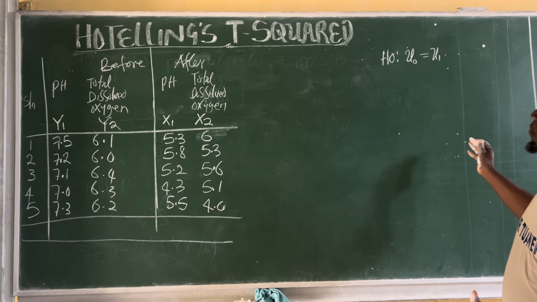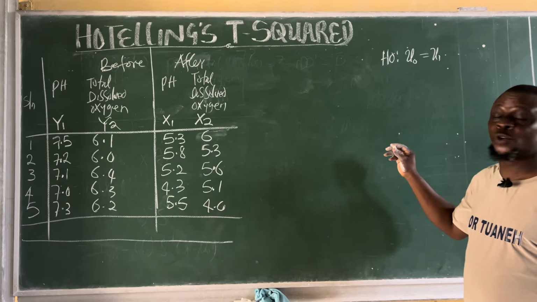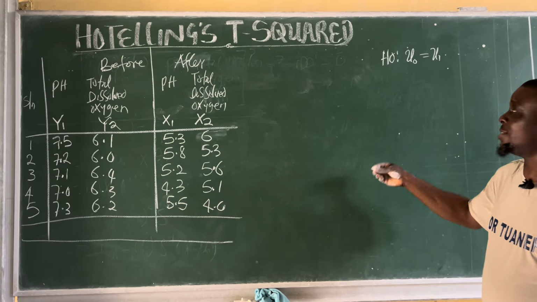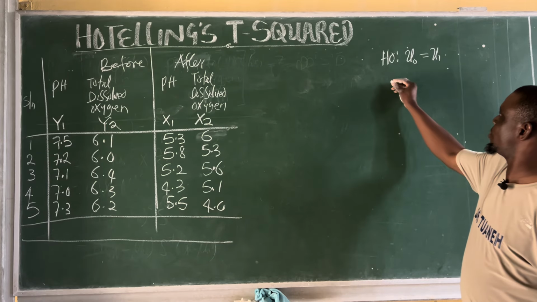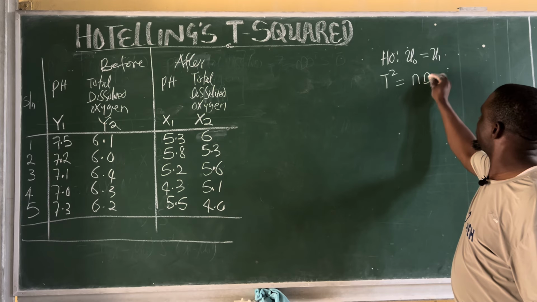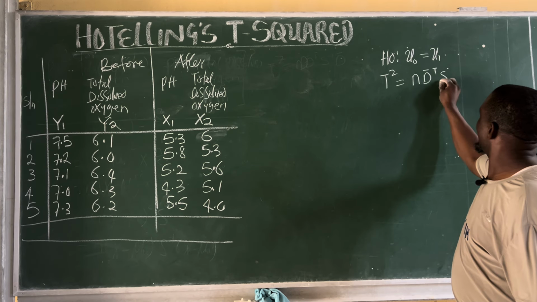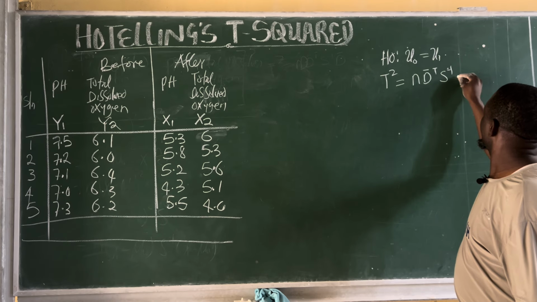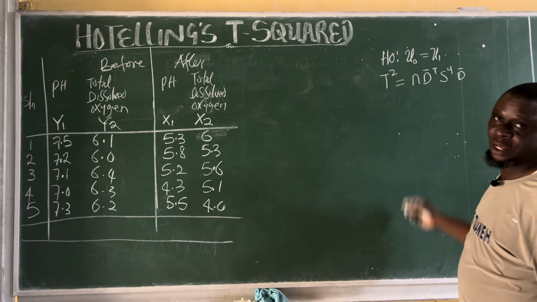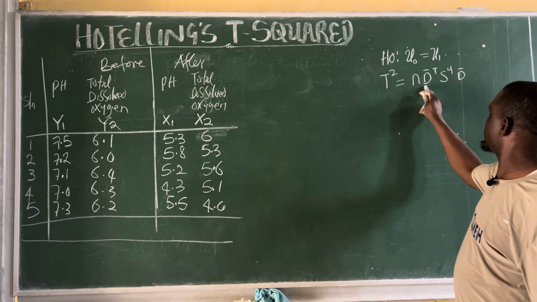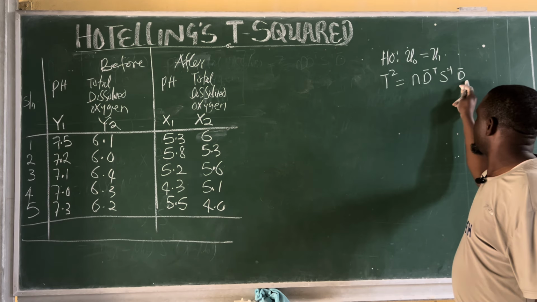Okay, now if we have stated the hypothesis, the next thing is to do what? Look at our test statistics. Note that our test statistic, T square, is equal to N into D bar transpose, then we have our S inverse, D bar. We'll come to explain all of this.